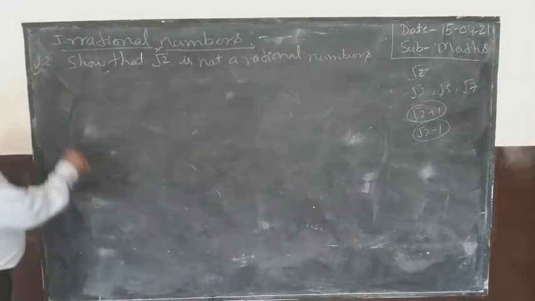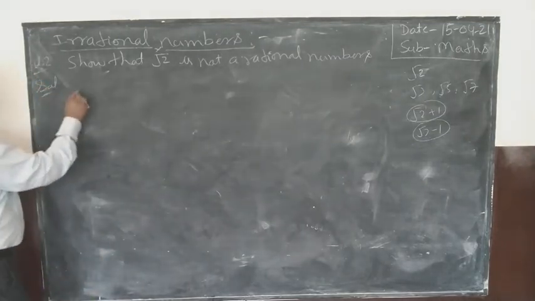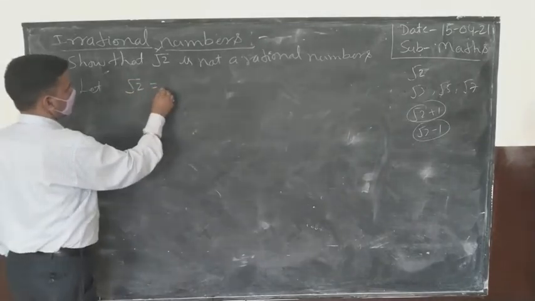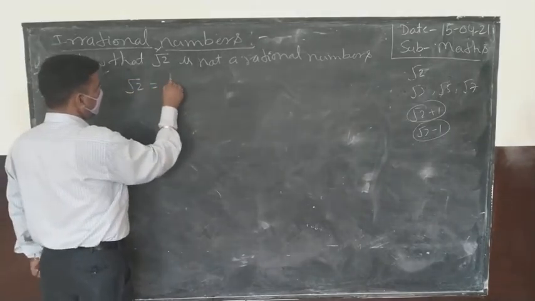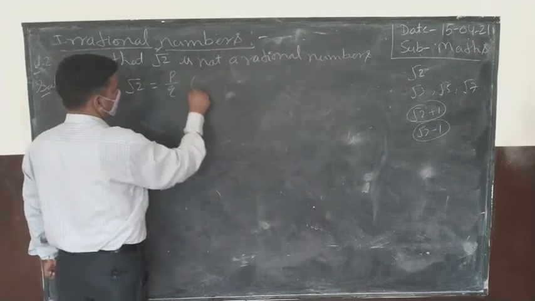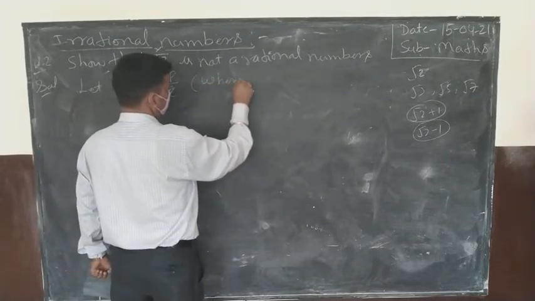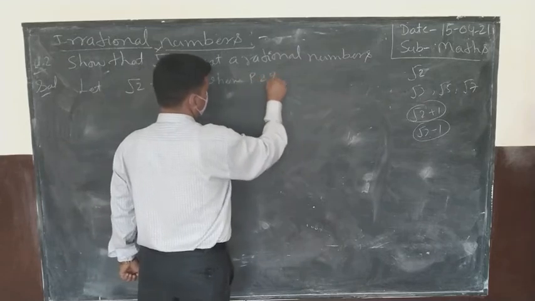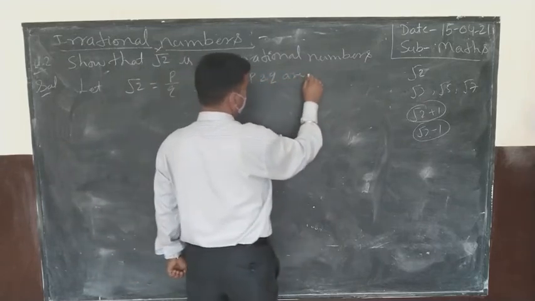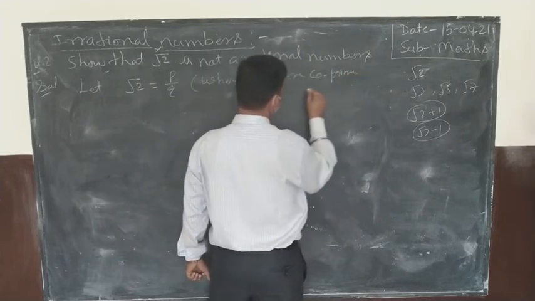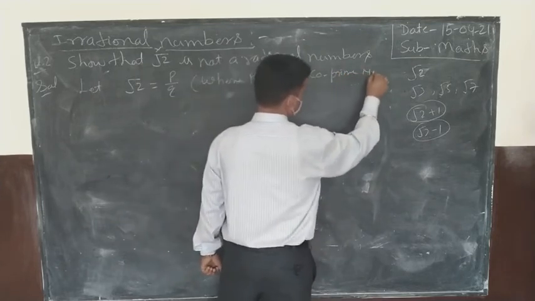So now, solution. Let root 2 equal to P upon Q, where P and Q are co-prime numbers.